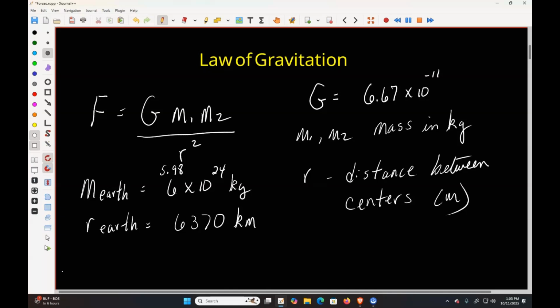That would be 6.37 times 10 to the 6th power meters. And the distance to the sun is 1.5 times 10 to the 11th power meters.